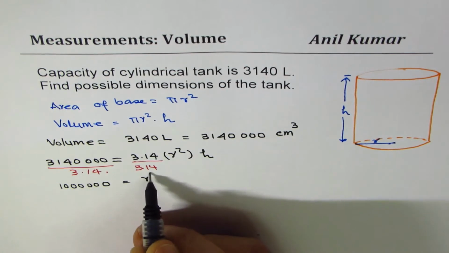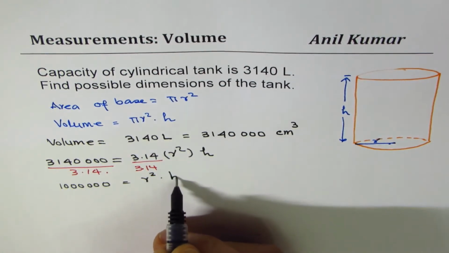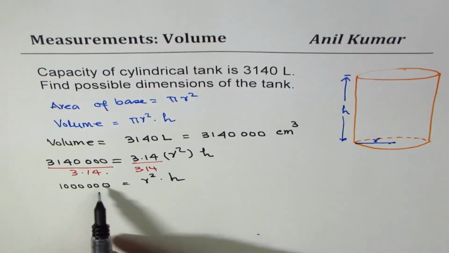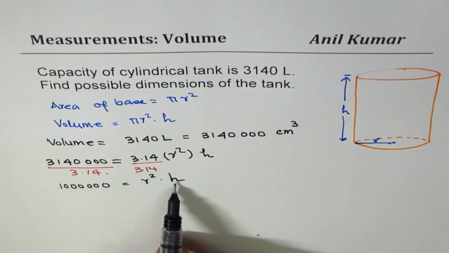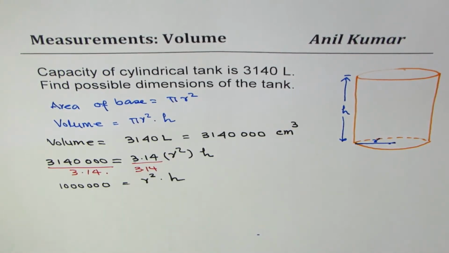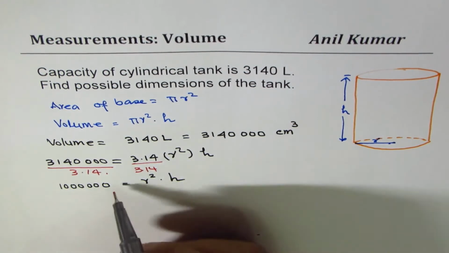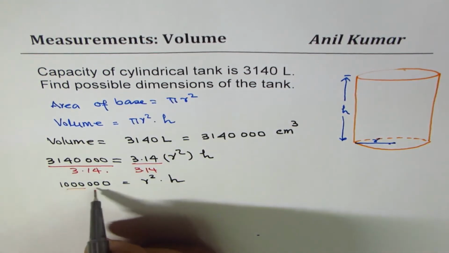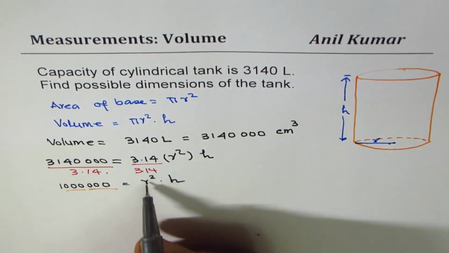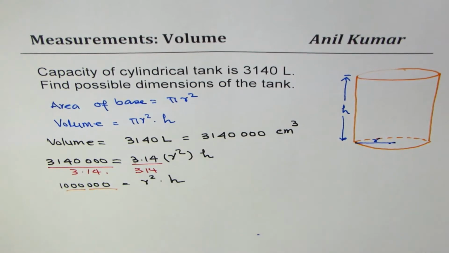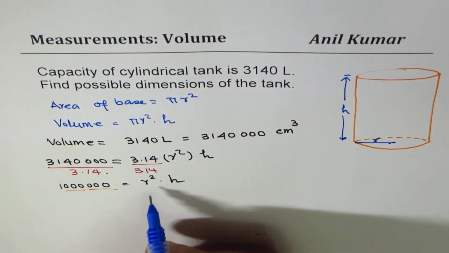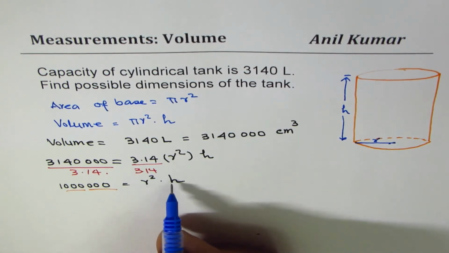Is equal to radius square times height. So this number is radius square times height. Now what we can do here is we can actually find different combinations, correct? The idea is, how do we get 1 million with combination of radius square and height? Do you see that? So we could estimate many different values for radius and height.